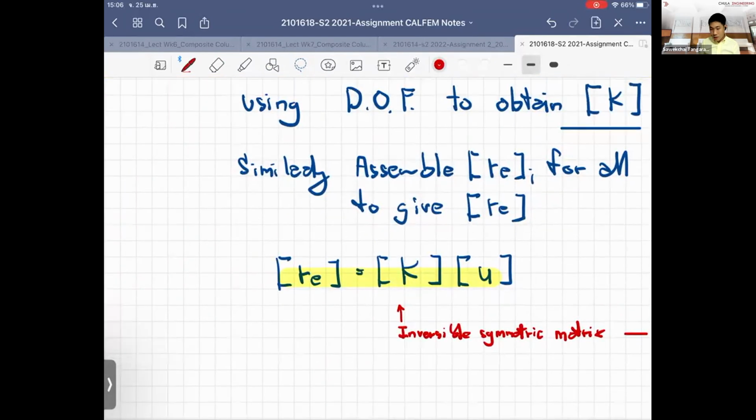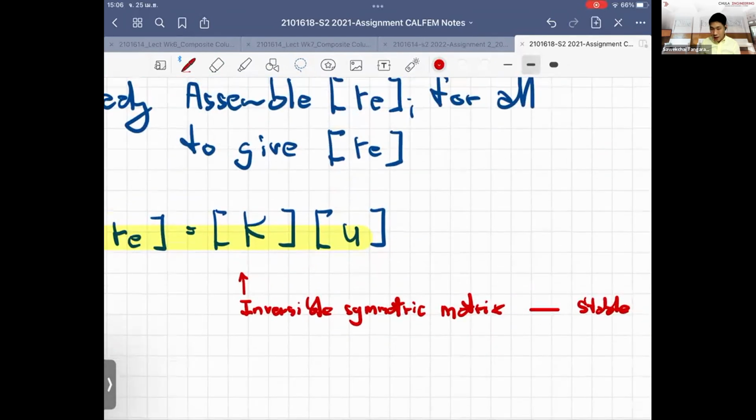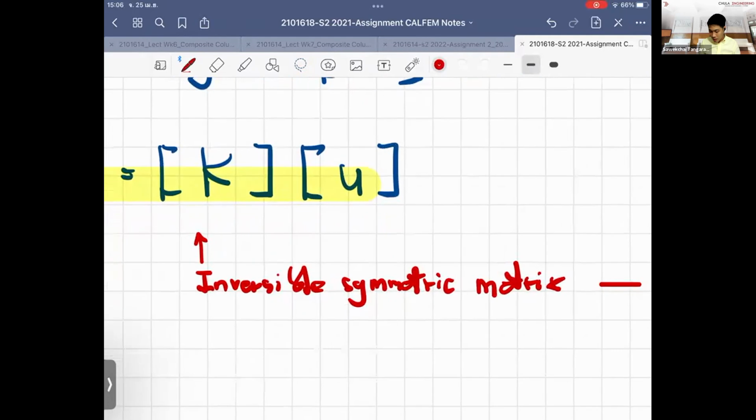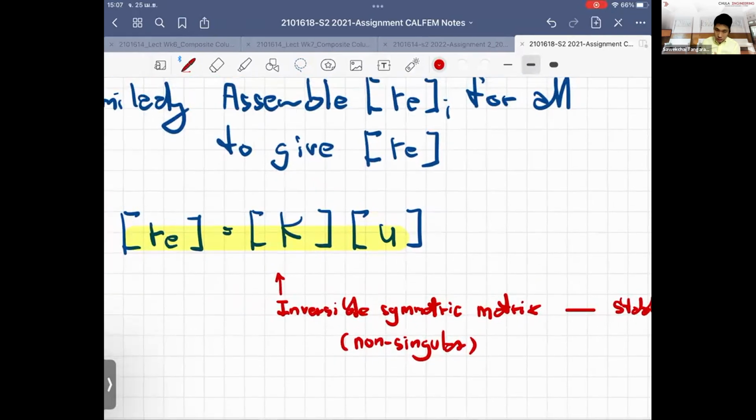When we talk about the inverse matrix, we call this a non-singular matrix. By looking at the mathematical rules, to make it solvable, you need the matrix to be a non-singular or invertible matrix.